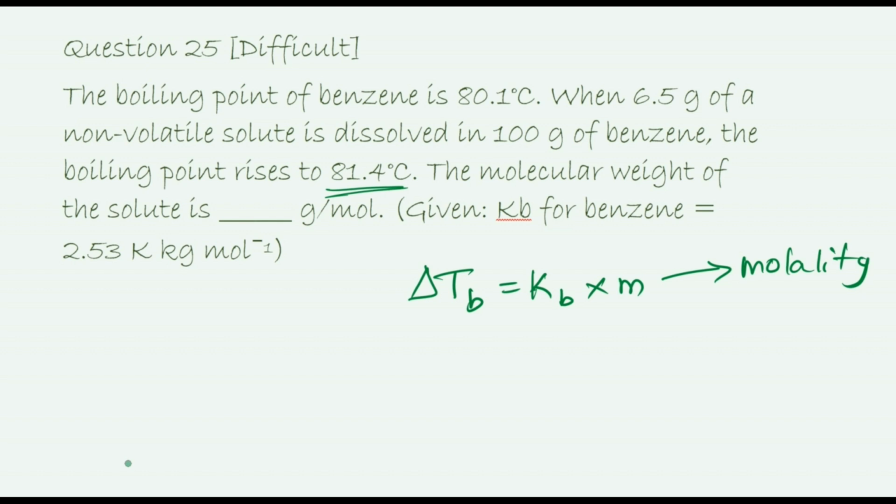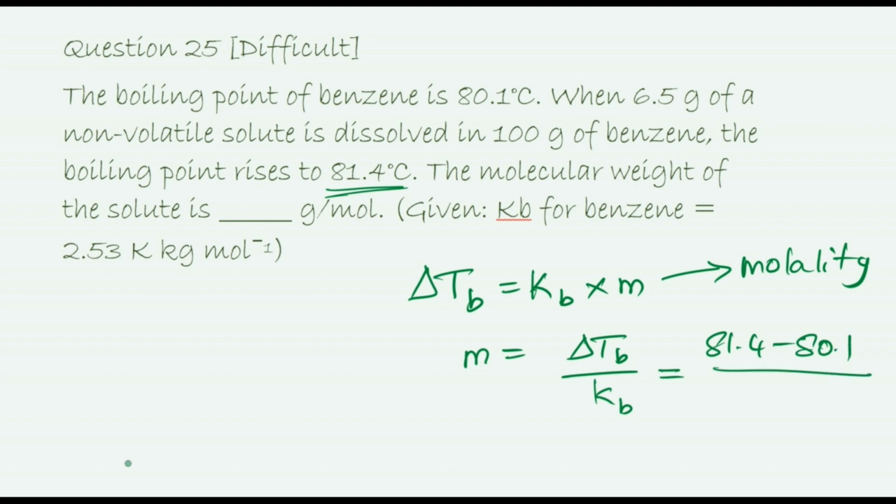Molality of the solution. So I'm taking m on one side and the remaining terms go to the other side. What is the difference from 80.1 to 81.4? So the difference is 1.3.